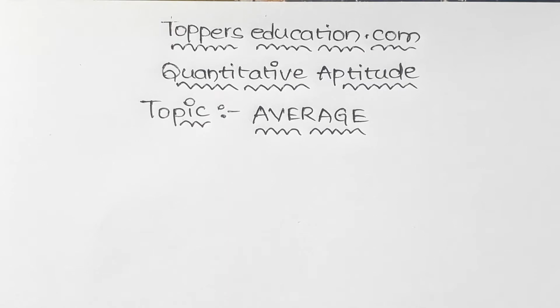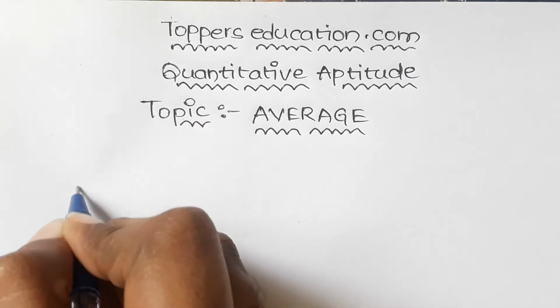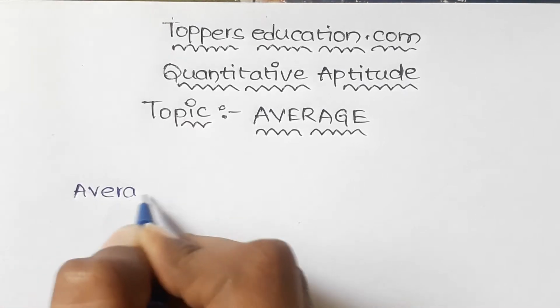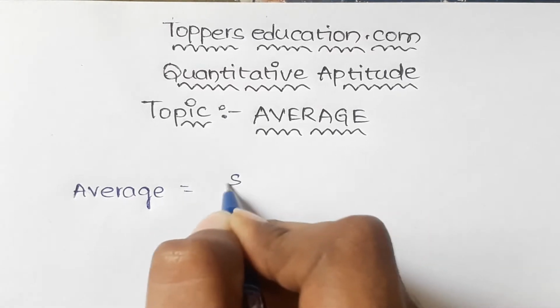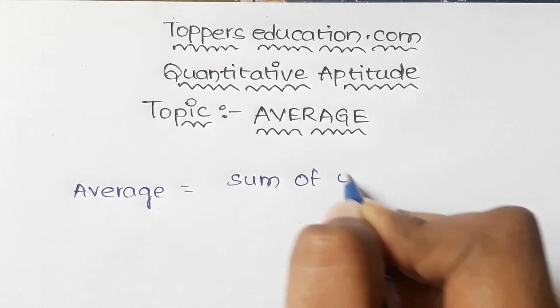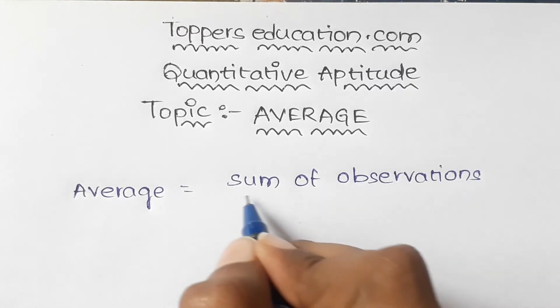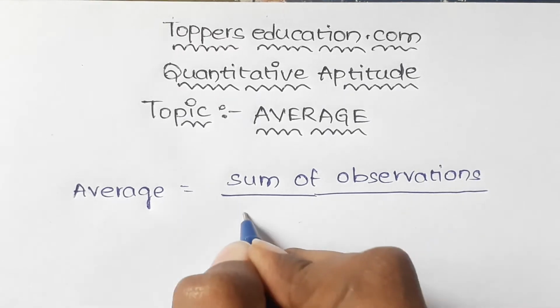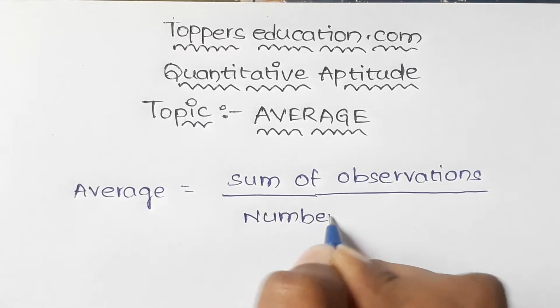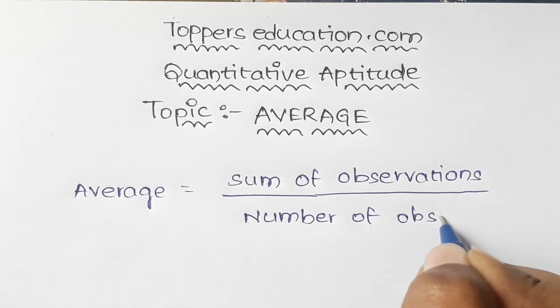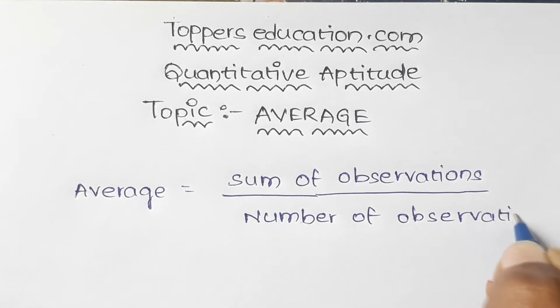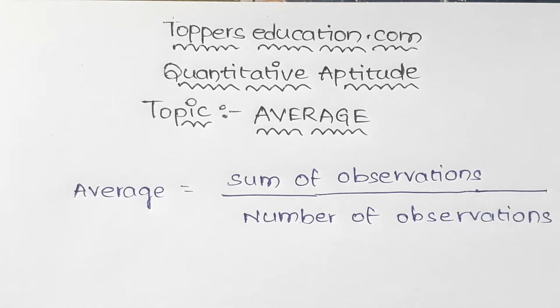Here the average is nothing but the ratio of sum of observations and number of observations, that is, average equals sum of observations divided by number of observations. This is nothing but average.